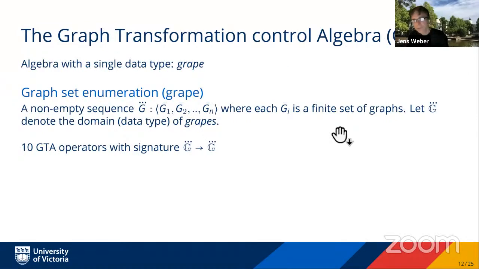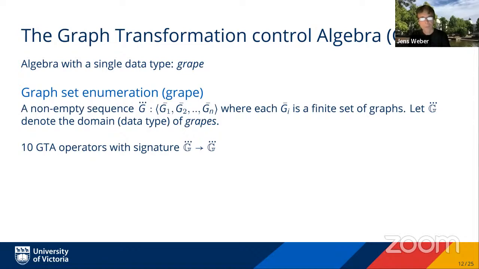Okay, so then looking at the algebra that defines the formal semantics for our graph programs, this is what's called the graph transformation control algebra. There's a GCM 2022 paper that talks about this as well, a reference that will be put on the website for this seminar.